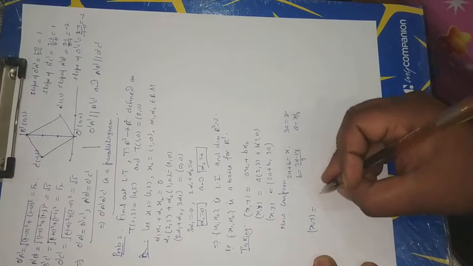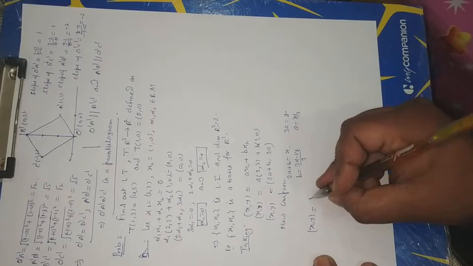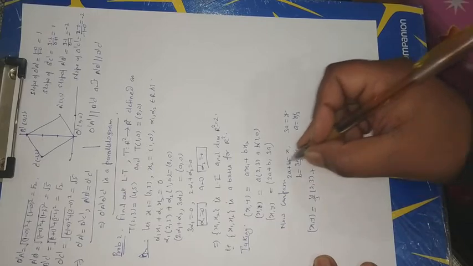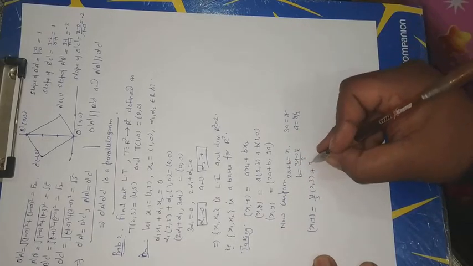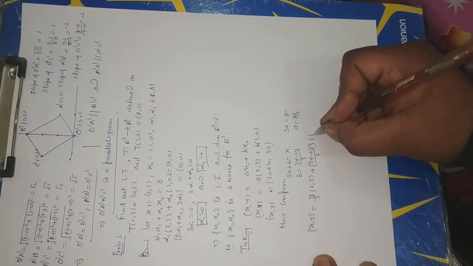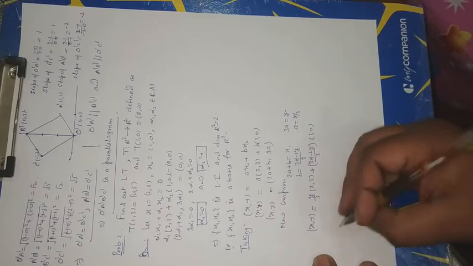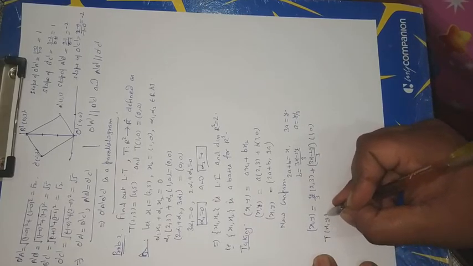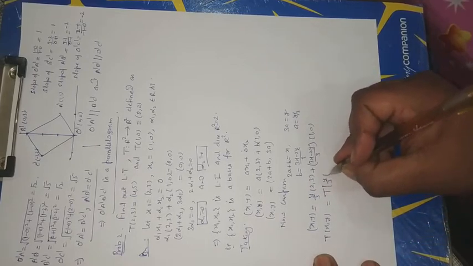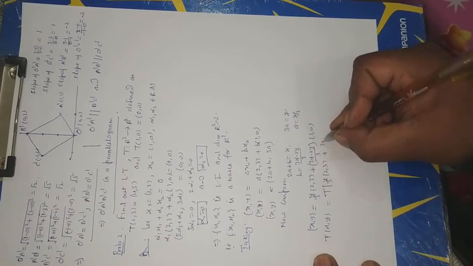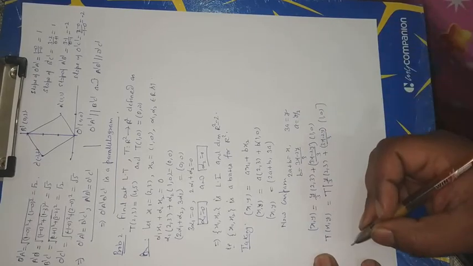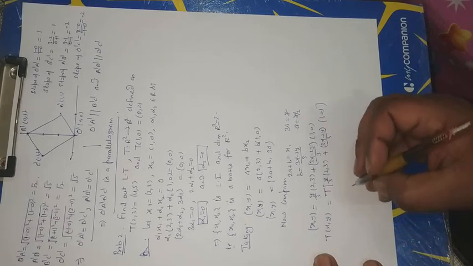Now we can write here (x, y) can be written as a x1, that is y by 3 (2, 3), plus b x2, that is (3x minus 2y) upon 3 times (1, 0). Now taking transformation T on both sides, this is equal to T of [y by 3 (2, 3) plus (3x minus 2y) upon 3 (1, 0)]. Now this is a linear transformation.